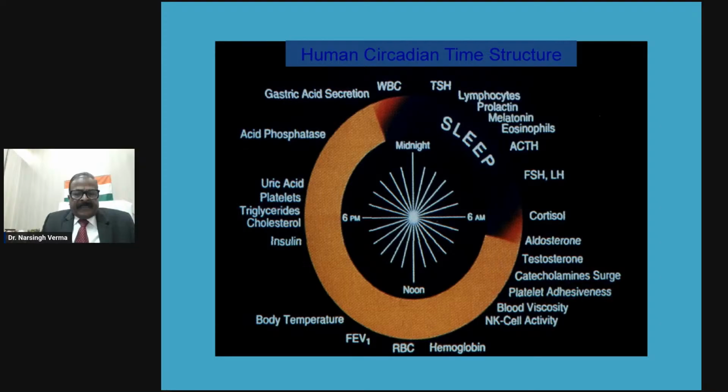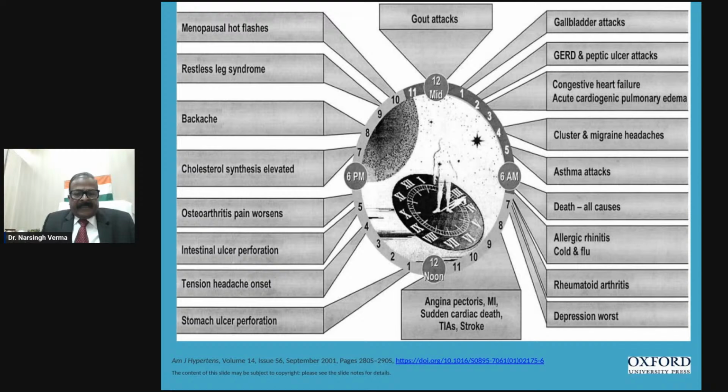They all have a particular pattern, and this pattern is important. Not only that, all symptoms which are there in our patients do have a circadian pattern.